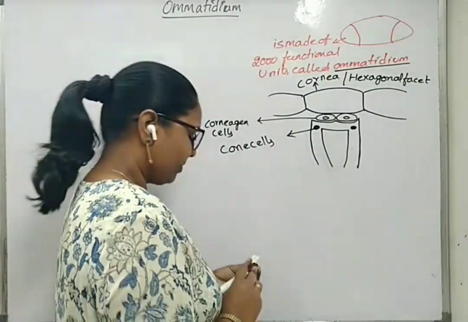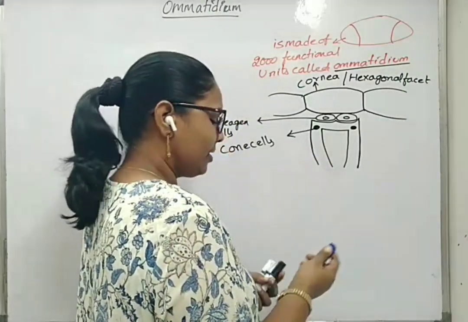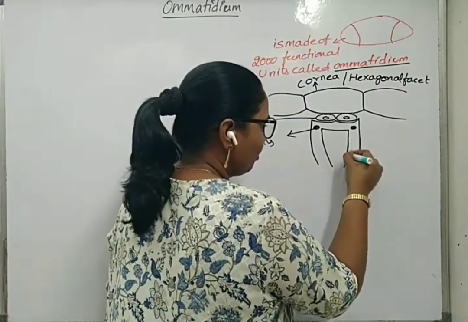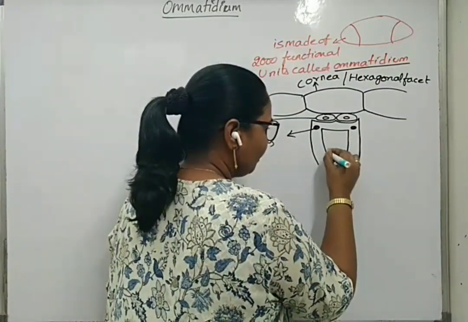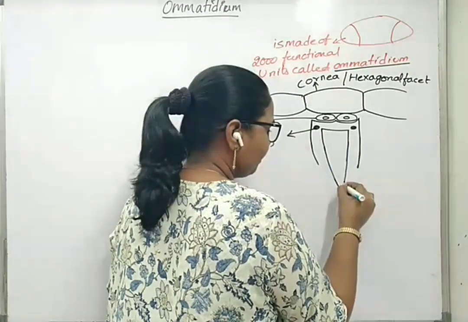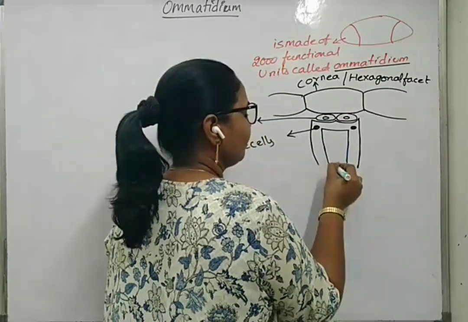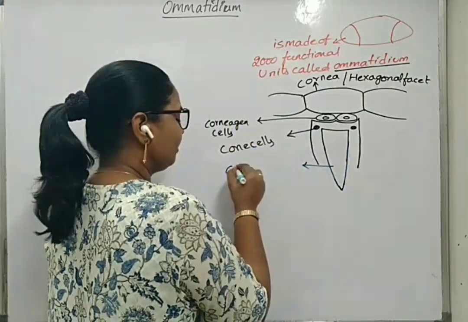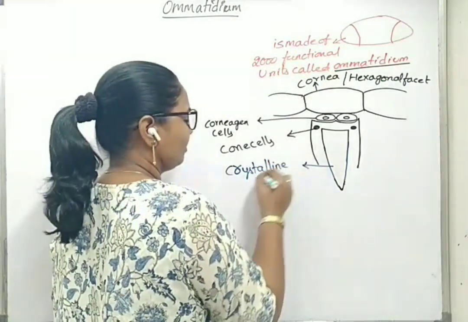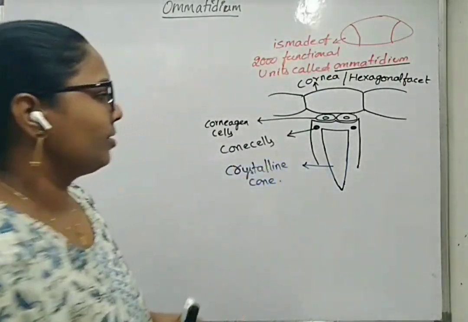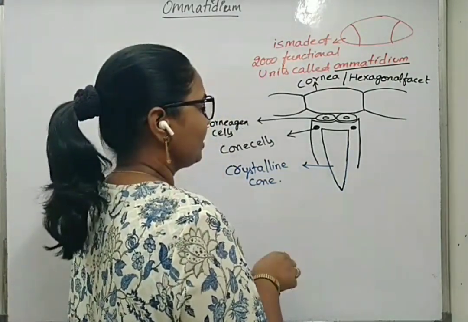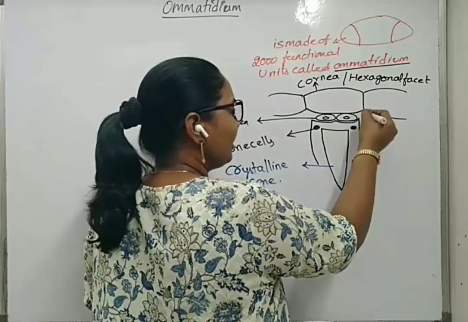These cone cells secrete a crystalline structure called the crystalline cone. This is longer than the cone cells. These cone cells are surrounded by special structures called the iris pigment sheath.